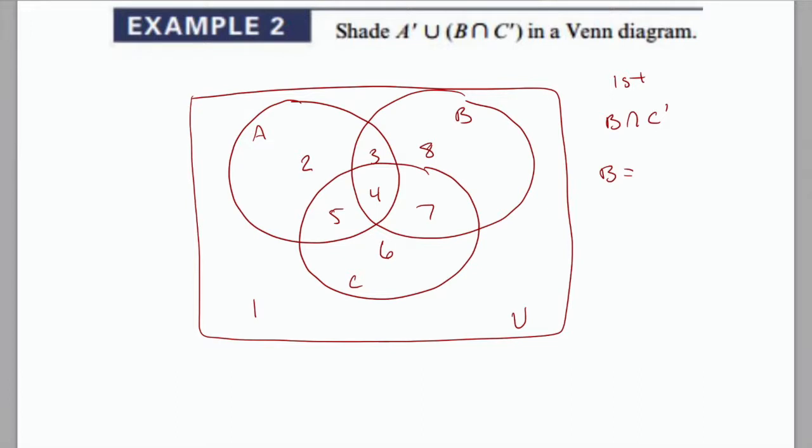So B is composed of 3, 4, 7, 8. C complement is composed of 1, 2, 3, and 8.